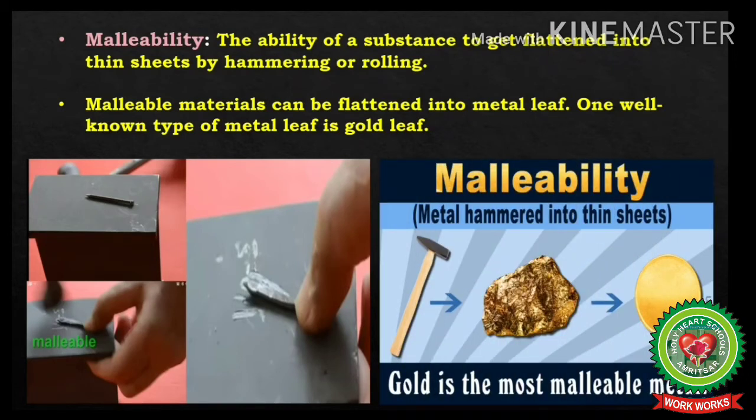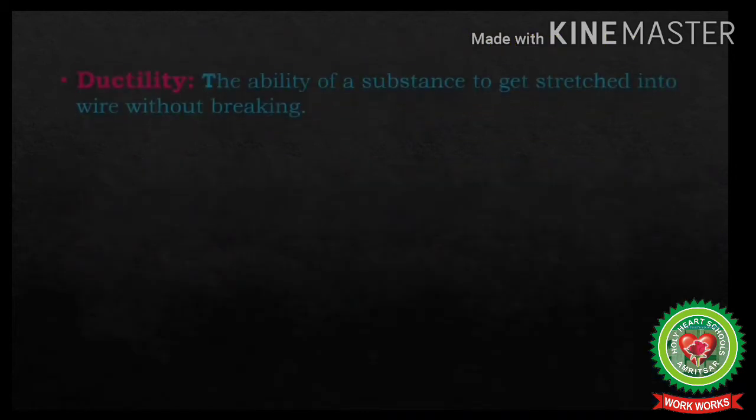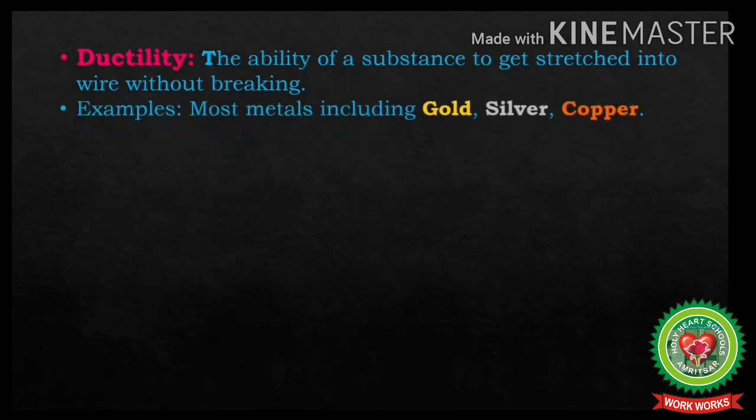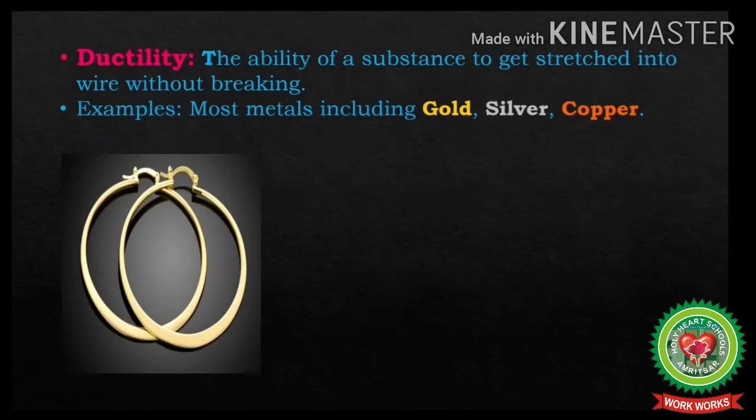And gold is the most malleable metal. Next term is ductility. Ductility is the ability of a substance to get stretched into wire without breaking. Some examples are gold, silver, copper.